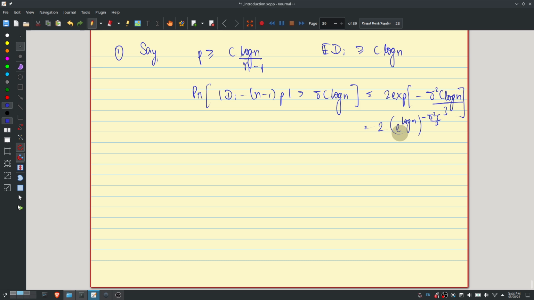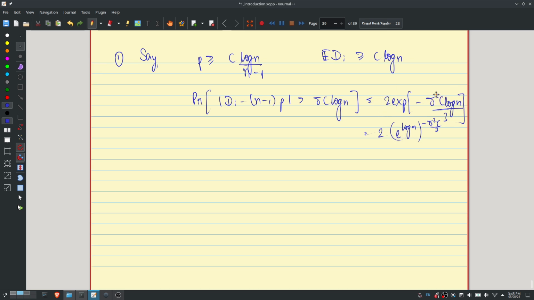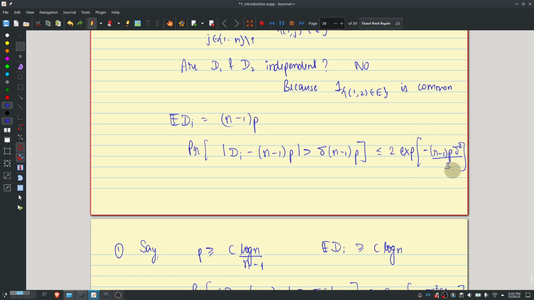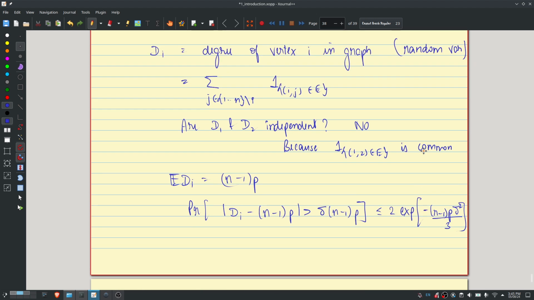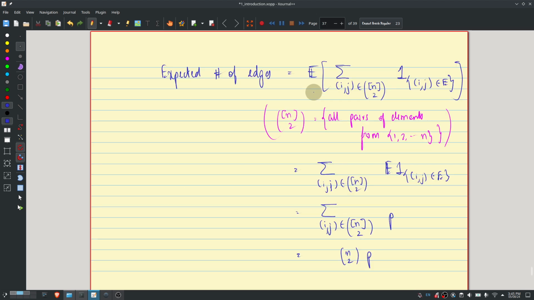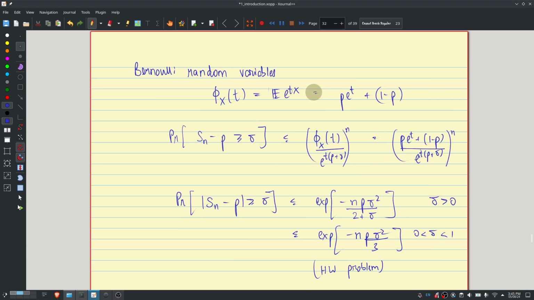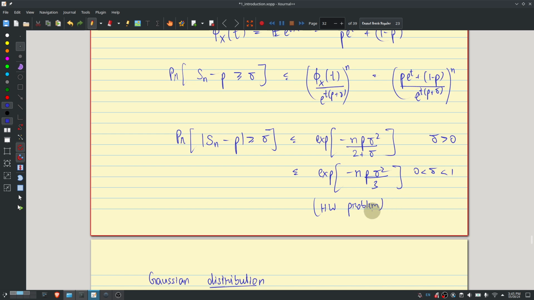How exactly do you get the right hand side? You mean this particular quantity? It's a homework, right? So let me take a step back. Each di is a sum of IID Bernoulli random variables, and for IID Bernoulli random variables I have this particular problem, which is a homework problem.